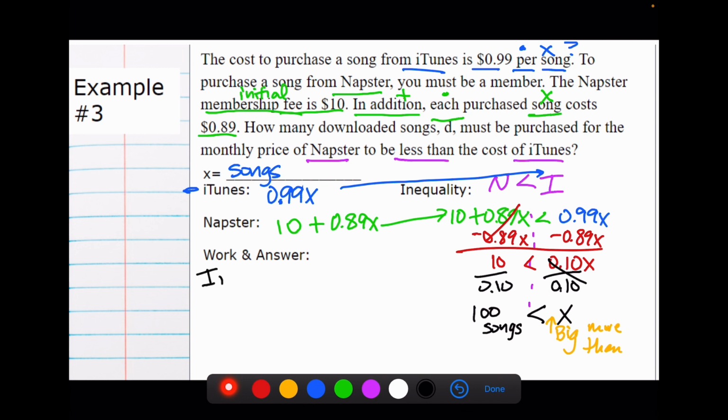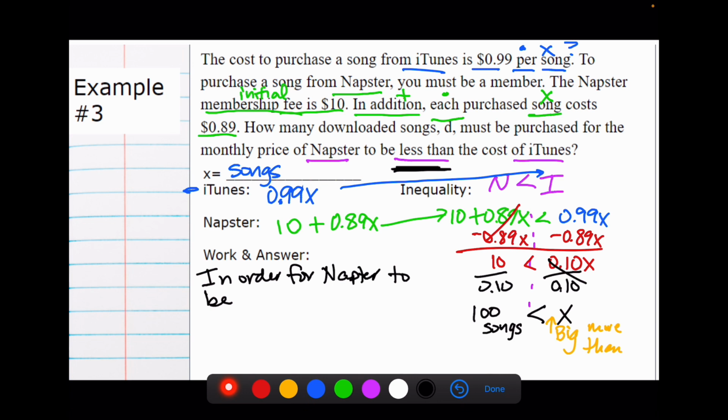So in order for Napster to be, and you can use the words less than again if you want to, or you can use the words cheaper because less than means cheaper.